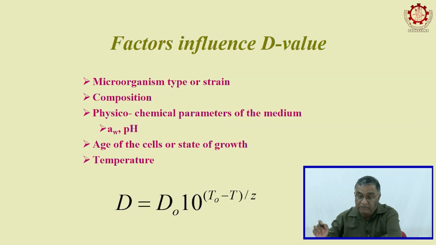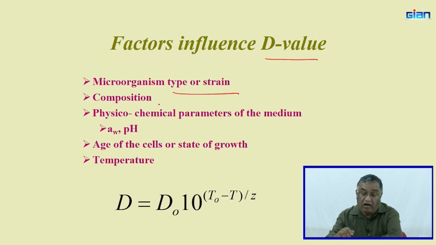The D value of the microorganism is also influenced by the type and strain, the composition, your pH and water activity. We saw earlier pH is an important factor which affects the survivability of microorganisms. So, if a microorganism at neutral pH has a D value of 1 minute at 60 Celsius, if you acidify, then the D value may go down.